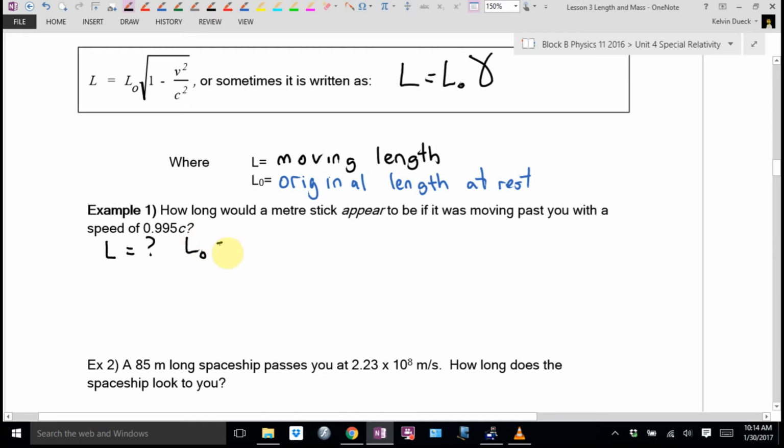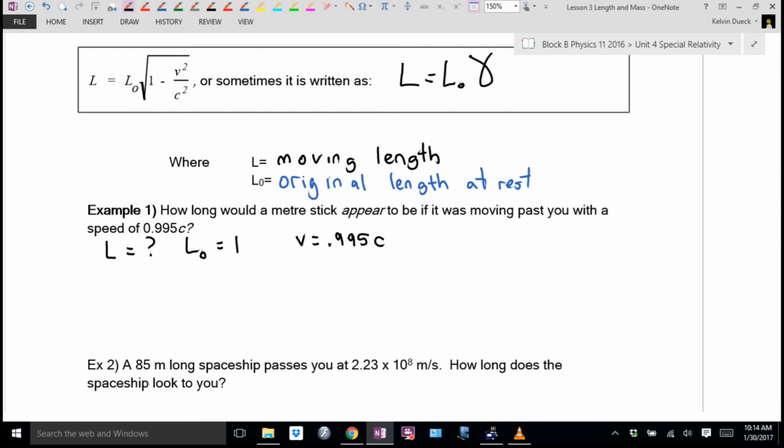That must mean they gave us the original length at rest. This is so obvious that it's tricky. What's the length of a meter stick at rest? 1. How fast is the meter stick traveling? 0.995 c, 99.5% of the speed of light.